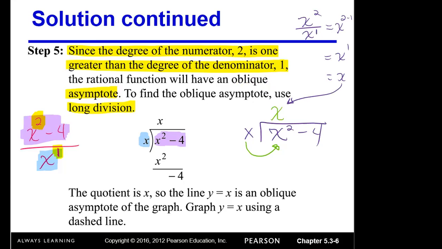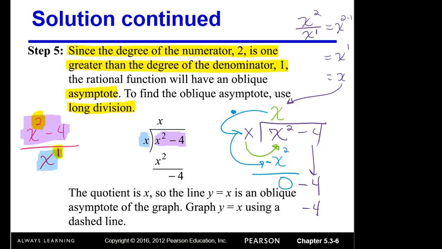And then of course you'd multiply. x times x, you're going to multiply here. I'll use a dot instead of an x. x times x is an x squared, and then you draw your line and subtract. x squared minus x squared is 0. And then you would drop down the -4, but 0 minus 4 is minus 4.